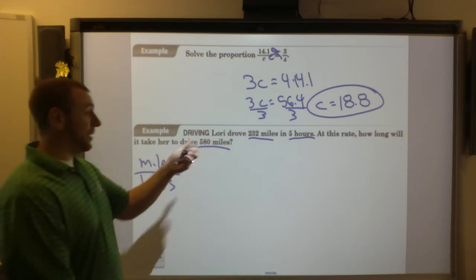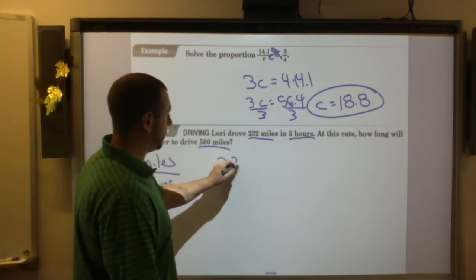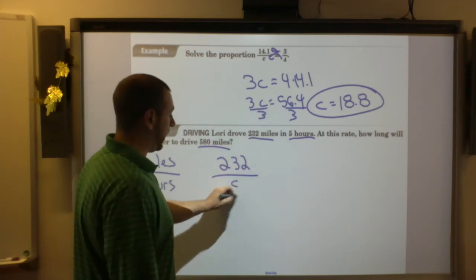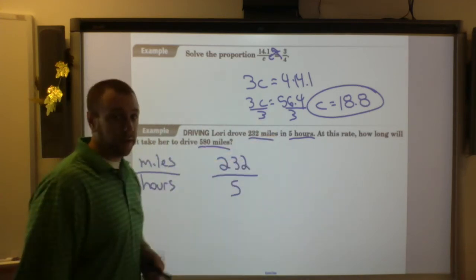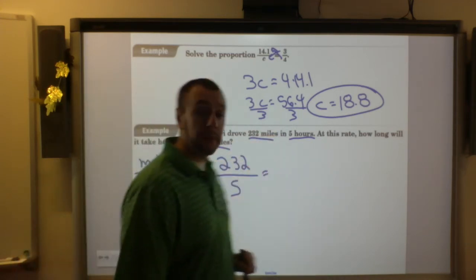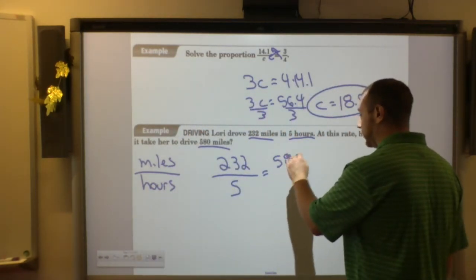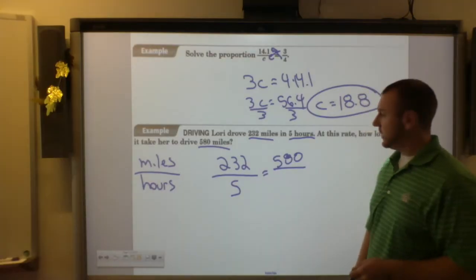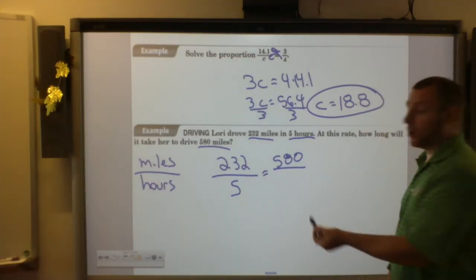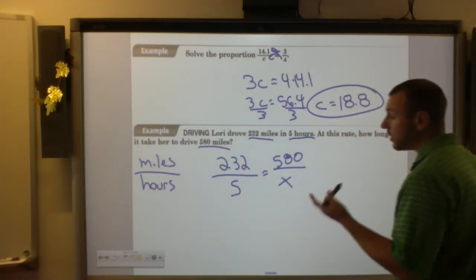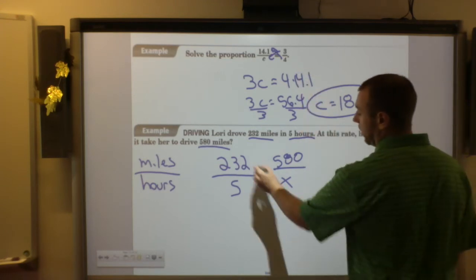So I'm going to set up the first fraction, 232 over 5. 232 miles over 5 hours should be the same rate as 580 miles over, well, how long did it take her? I don't know. That's my x. So now I have a proportion that I can solve.